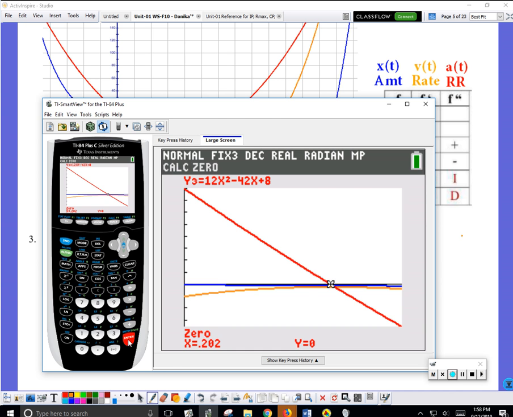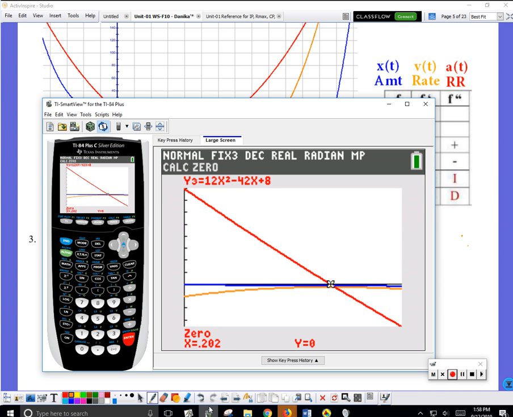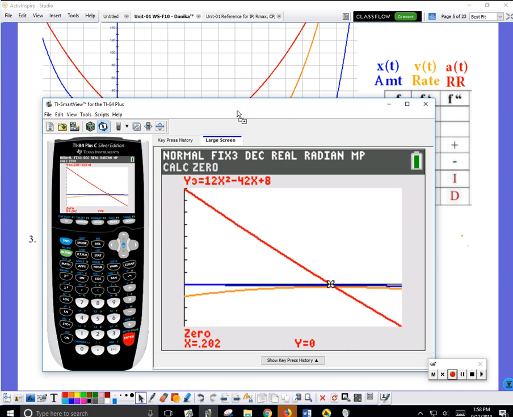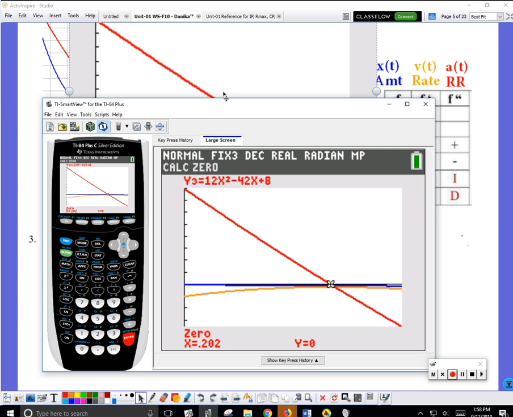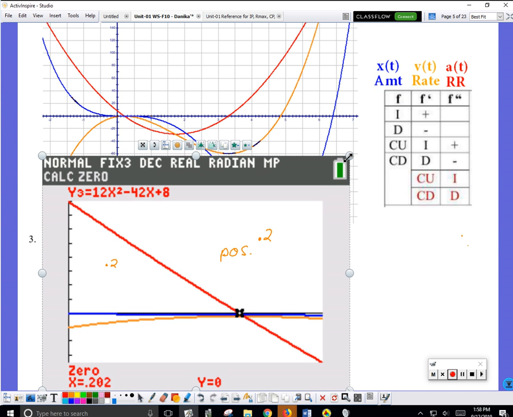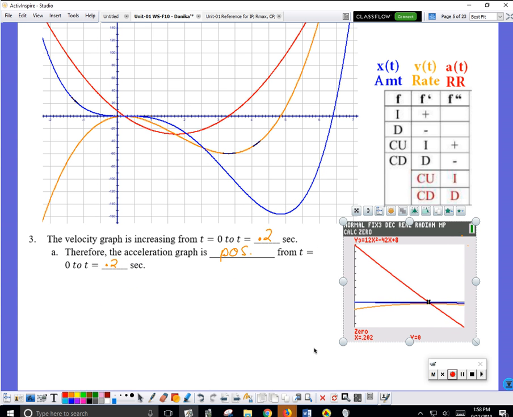What I did is, from my calculator, I saw that the velocity is going up. So here's the blown-up version, Mario.